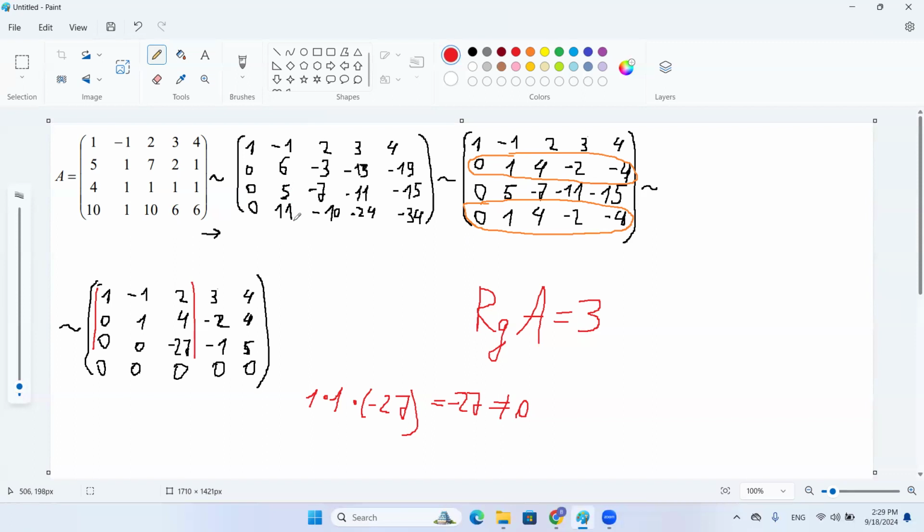In this way, the sequence doesn't matter. But the most convenient way is to first set zeros in the first column, then zeros in the second column, then the third column, and so on. Of course, you can start from the other side, but is it convenient for you? I don't think so.